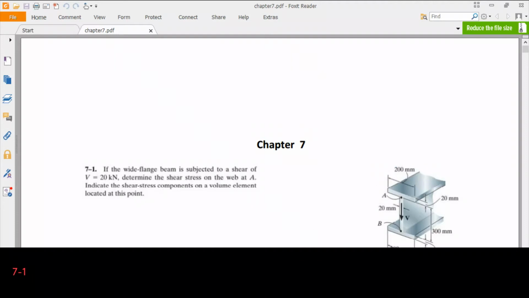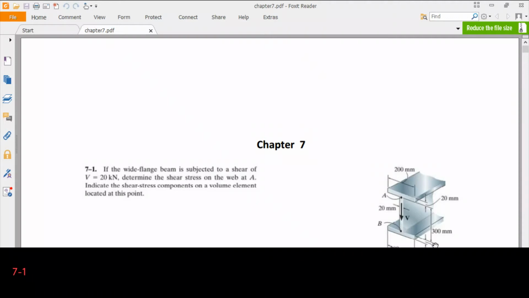So we have a flange, an I-beam. The width of the flange is given as 200 millimeters, and it has a thickness of 20 millimeters here. Of course, we have the web. Web has a thickness of 20 millimeters as well, and the distance between the two flanges is 300 millimeters.